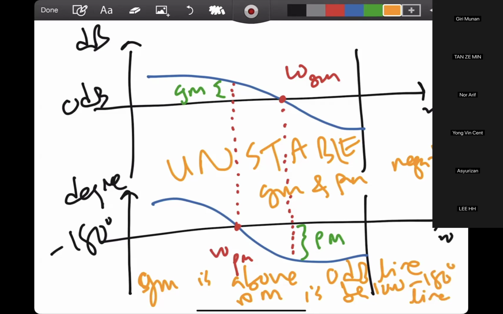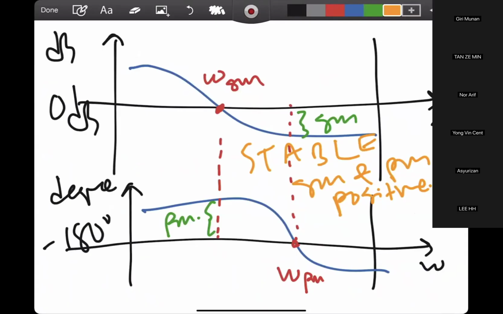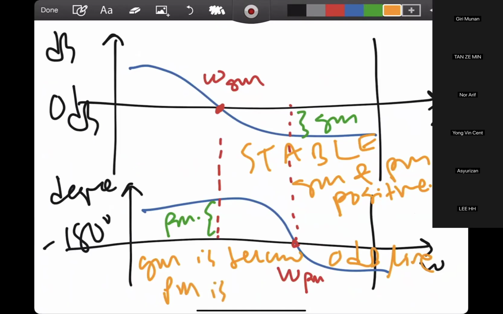But for this one, the gain margin is below the 0 dB line and the phase margin is above minus 180 degrees.